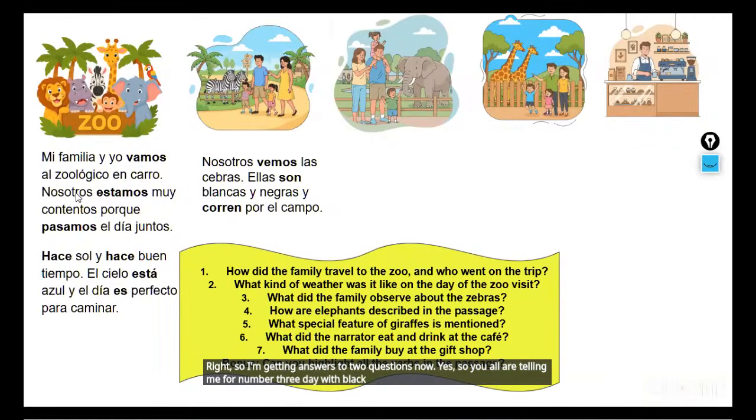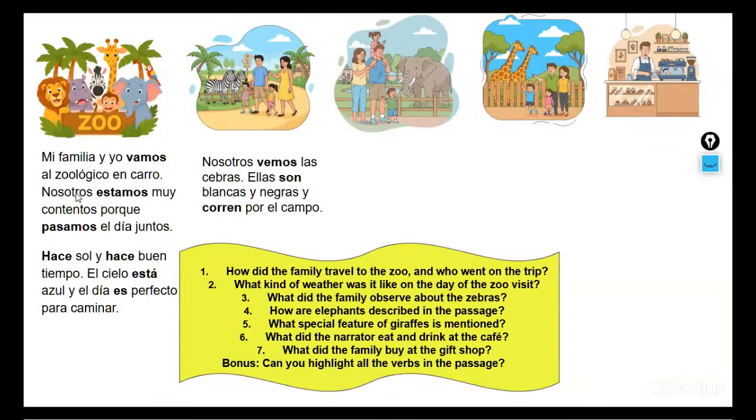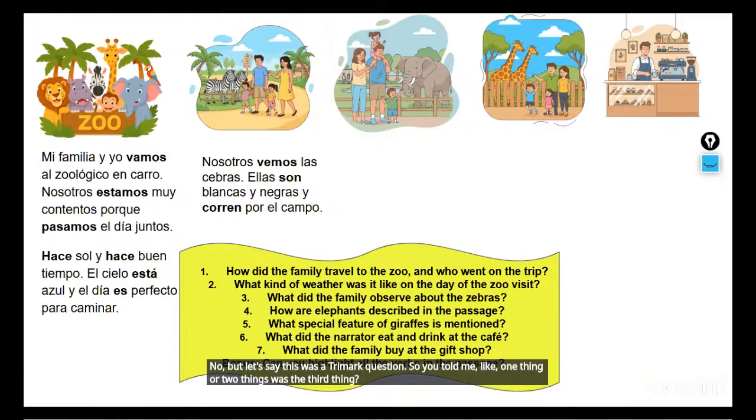And what were they doing? Right, so they observed that they were black and white. But let's say this was a 3-mark question. So you told me like one thing or two things. What's the third thing? They were running in the field.